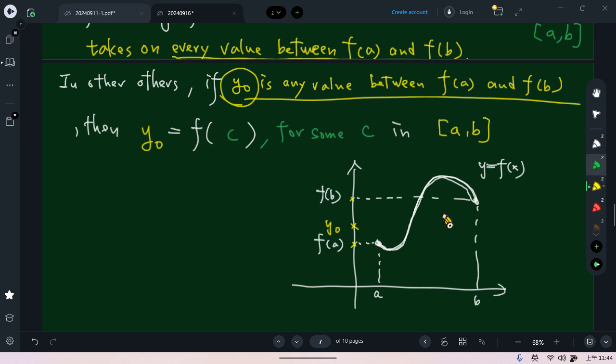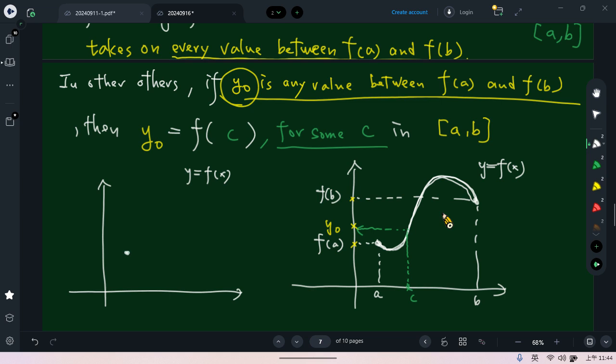Then if it's a continuous function, you can find a c between A and B, so that f of c will be mapped to y0, for some c and possibly many c's. For example, let me show you another example. If y is equal to f of x, then the curve is this.